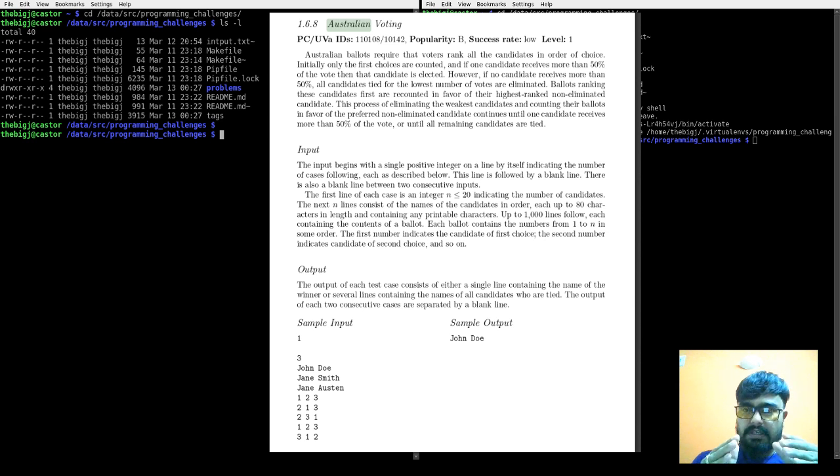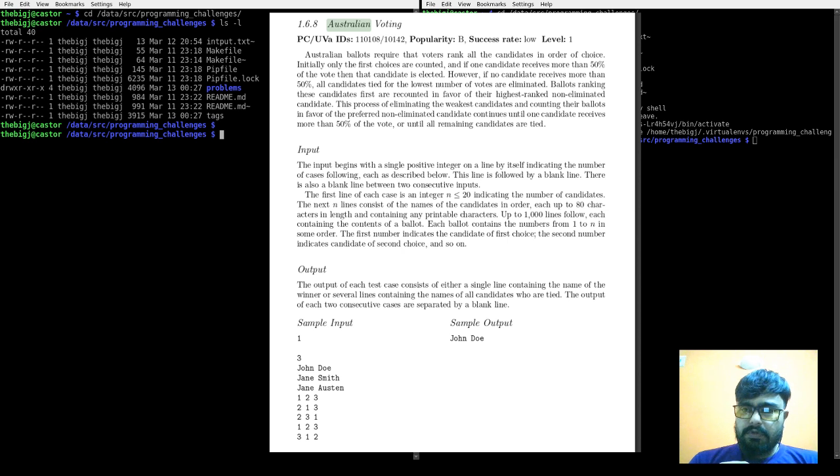Each is described below. This line is followed by a blank line. There is also a blank line between two consecutive inputs. The first line of each case is an integer n, less than or equal to 20, indicating the number of candidates.